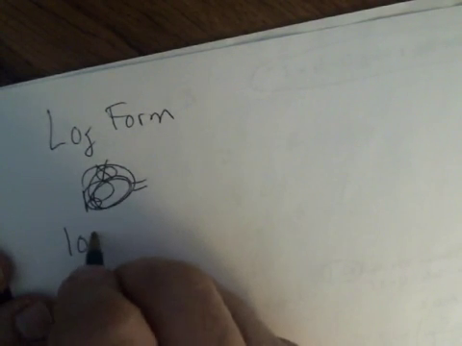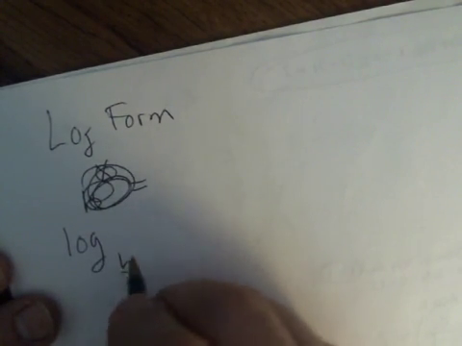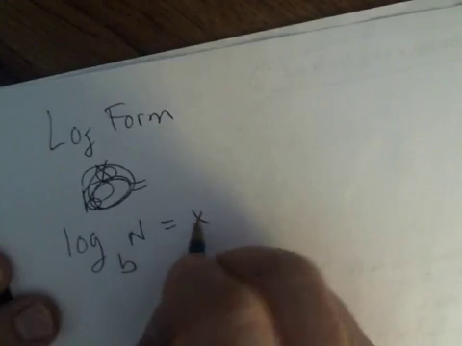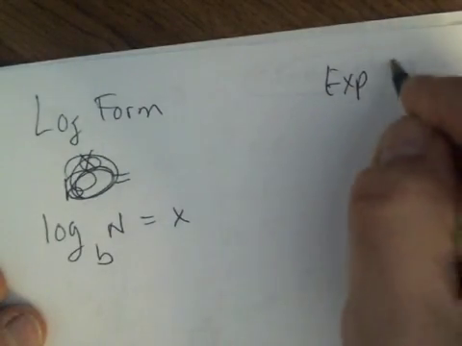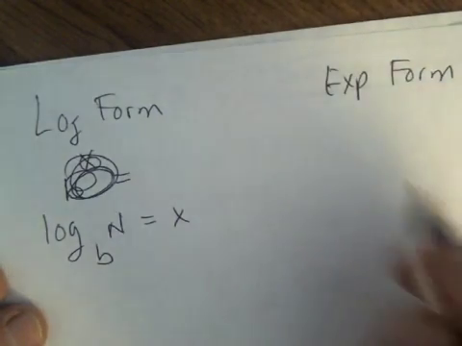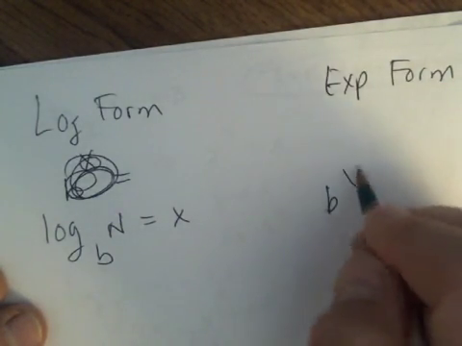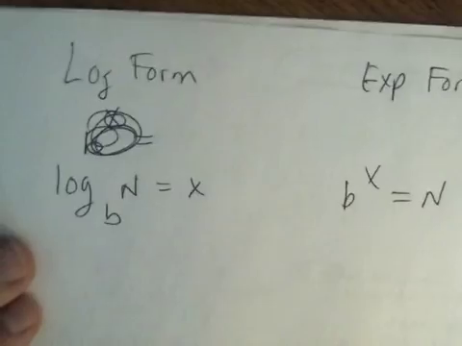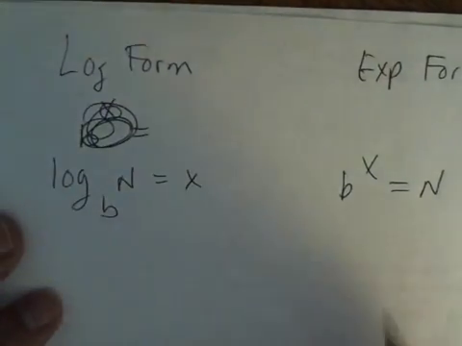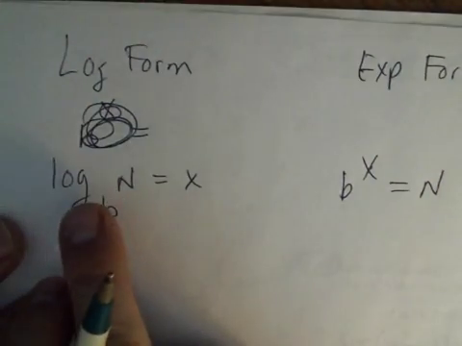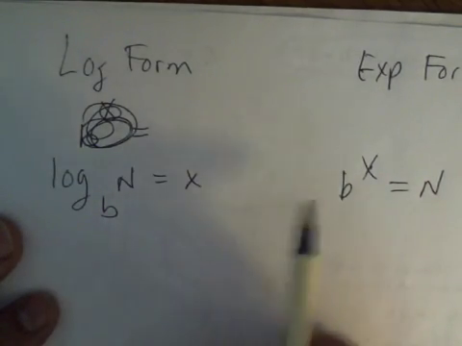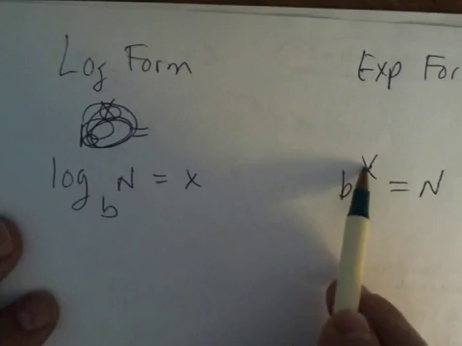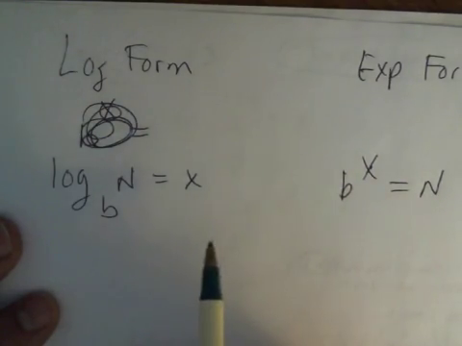For logarithm form, you're going to have log of the base of the number equals your exponent. So don't overcomplicate it. Just go from this form to this form and put the appropriate numbers where they go. And then solve for what's left.